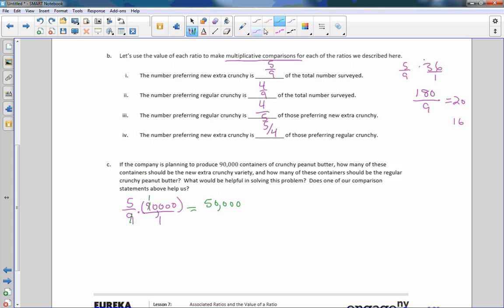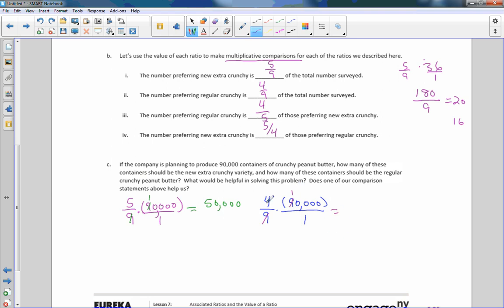And if I continue with this, then I would want to know how many want the old chunky, which is 4 ninths of 90,000. And if I put that over 1 and multiply these fractions and reduce the 9 first, that would become 9 over 9 is 1.